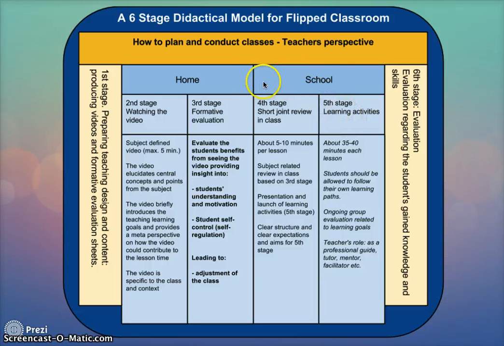Because if you do the same thing in school as you would normally do, the whole concept will fall to the ground. You need to do something else in the school, because some of the things have already been worked with here by the students. So think very precisely about each stage, the concept that you're going to teach, what you are going to do in each of these stages, and what you expect from the students.